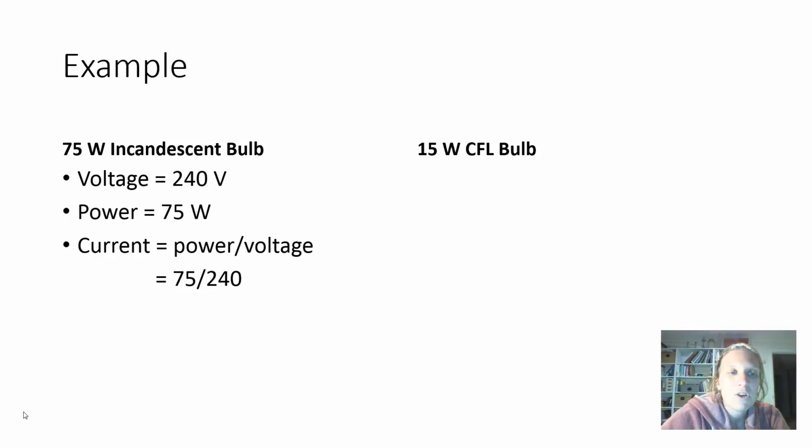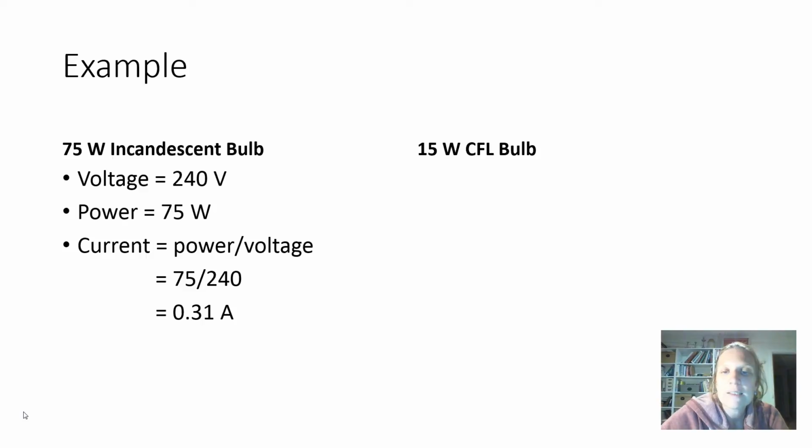So that means that the current of this 75-watt incandescent bulb is 75 divided by 240, which is about 0.31 amps. So in order to produce that desk lamp kind of intensity, we need to draw a current of 0.31 amps through this light bulb.